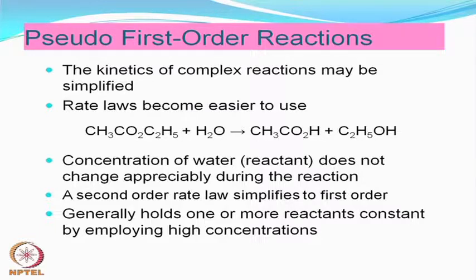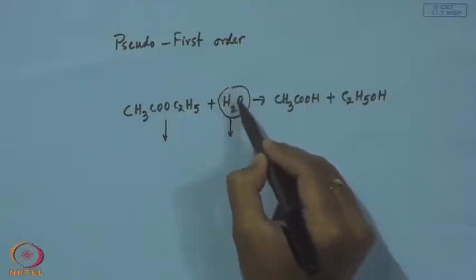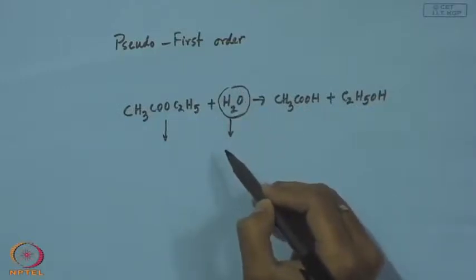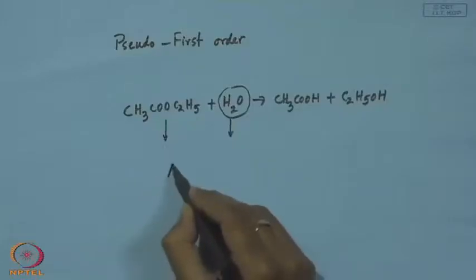This generally holds one or more reactants constant by employing high concentration. So, if we put this one at high concentration, then throughout the reaction we may think that this is virtually constant.